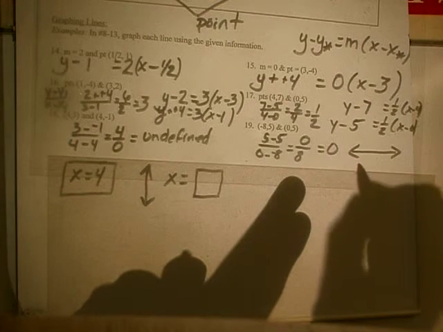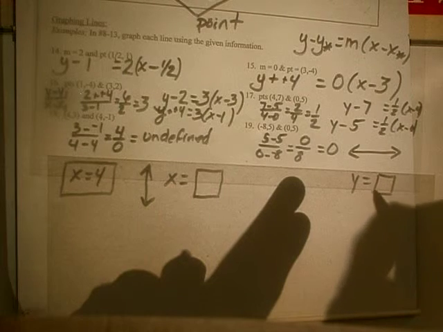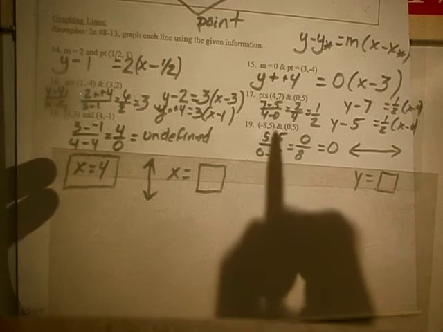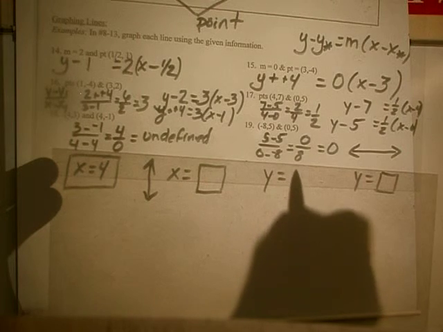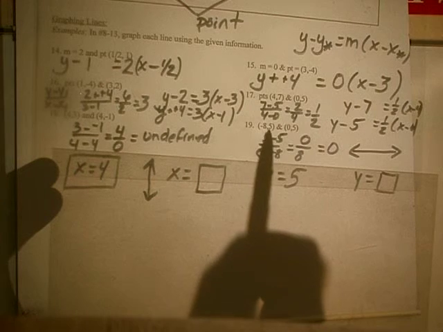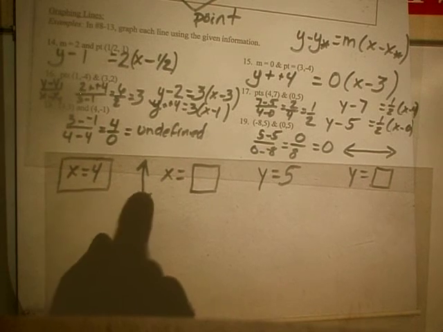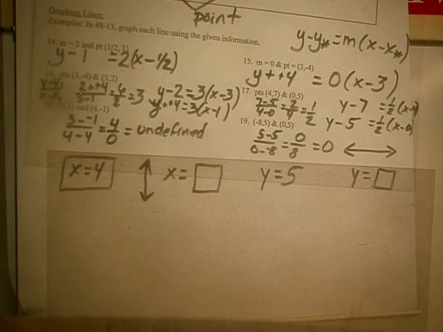A horizontal line has an equation, y equals something. You have to put some sort of number in there. And as you look at this one, that becomes y equals 5. Since both of those are 5, it's y equals 5. Vertical line is x equals. Horizontal line is y equals.